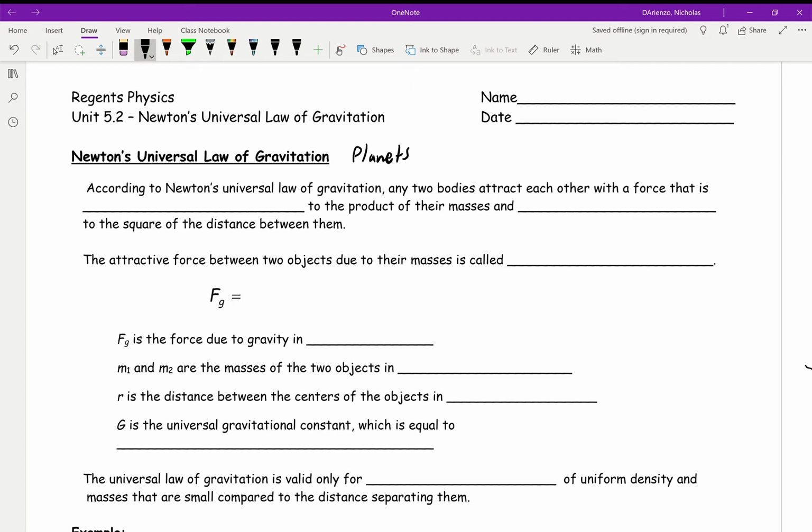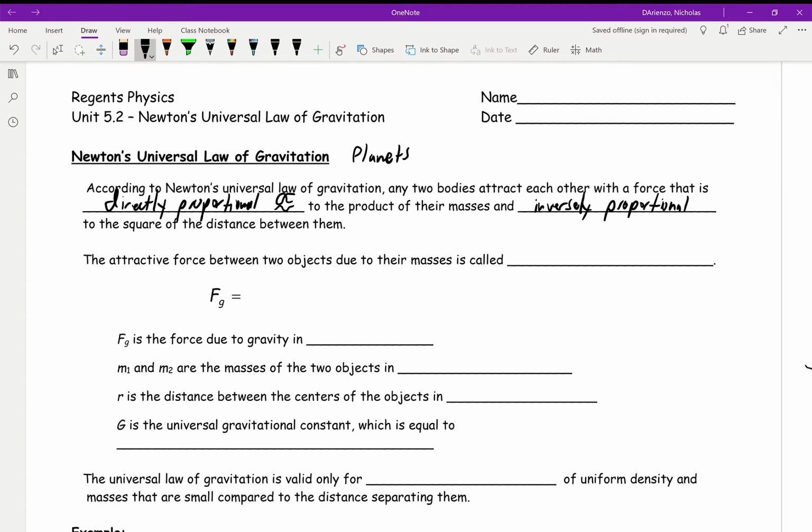So this is another one of Newton's laws called the universal law of gravitation, and it deals with how any two bodies can attract each other with a force that is going to be directly proportional, I will try and do the little fish here with the squiggly line, is directly proportional to the product of their masses and inversely proportional to the square of the distance between them.